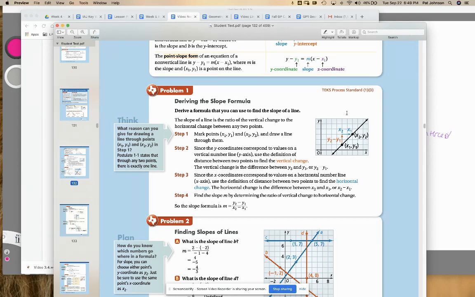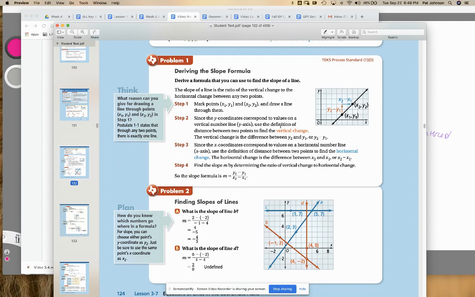And then we draw a line through them. Since the y-coordinate represents the values on the vertical line, the y-axis, we use a definition of the distance between 2 points to find the vertical change. So we're going to take the difference, y2 minus y1.